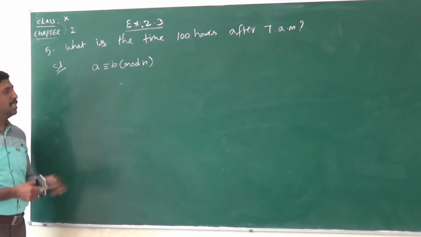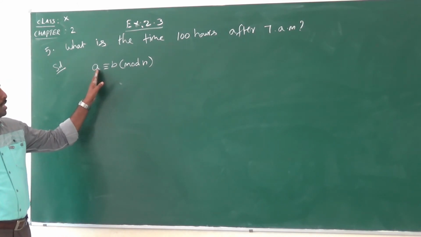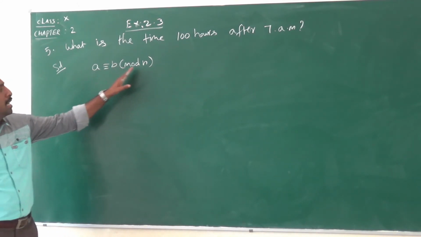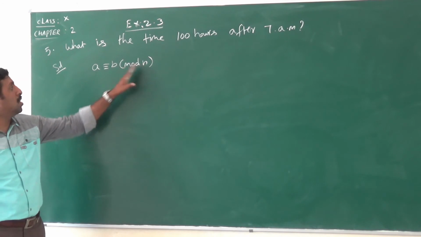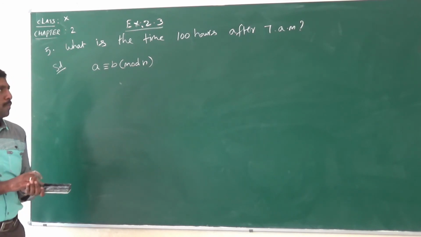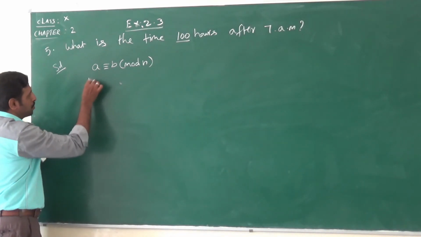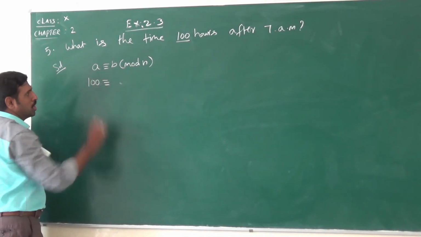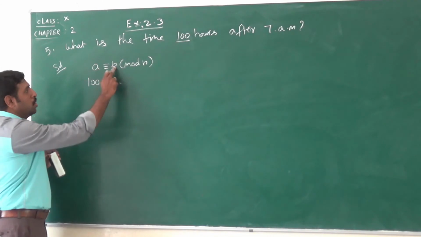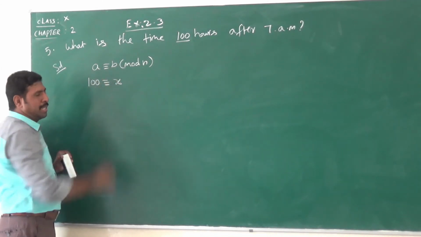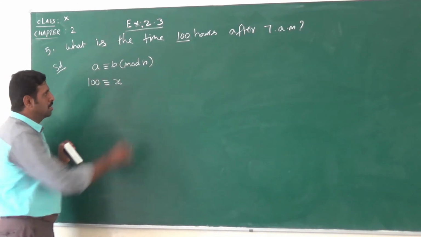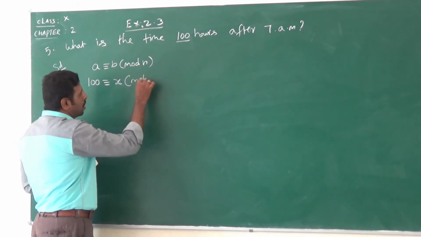Here A is the positive integer, B is the remainder, and n is the divisor of this positive integer. Here I take the positive integer as 100, congruent to, we don't know the remainder, so let me take it as x, mod.